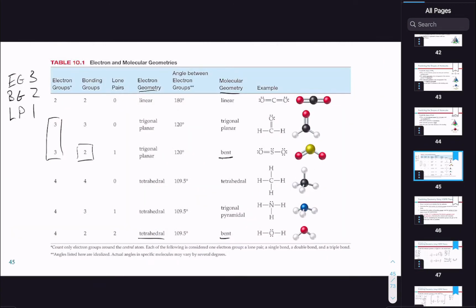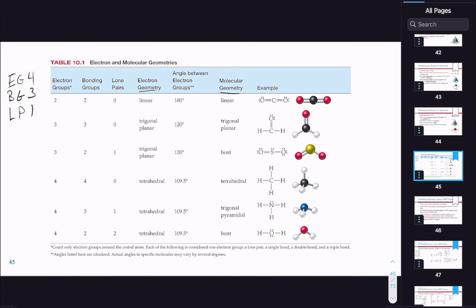So we've got 4, 3, 1. So that makes our geometry what? Yeah, because we got 4 electron groups, 3 bonding groups, 1 lone pair.